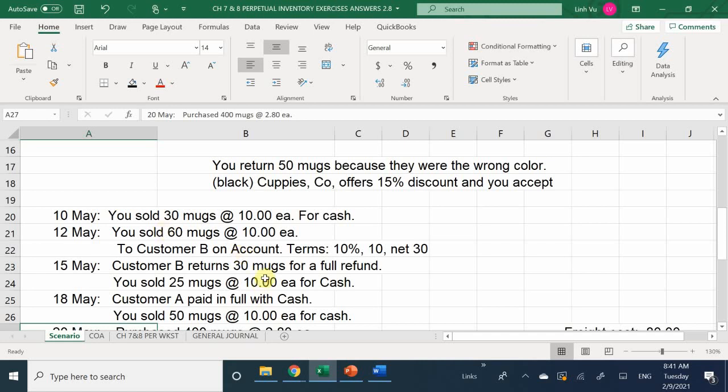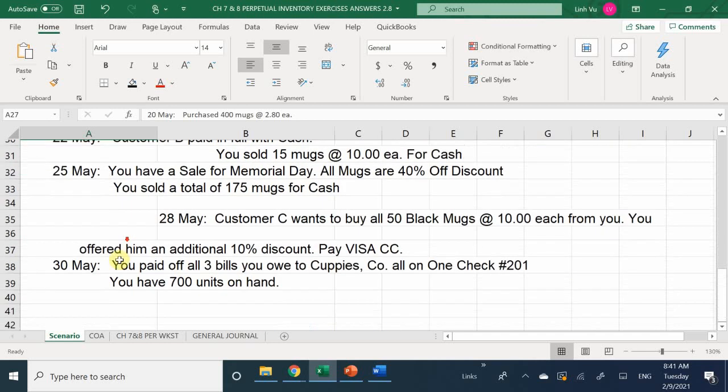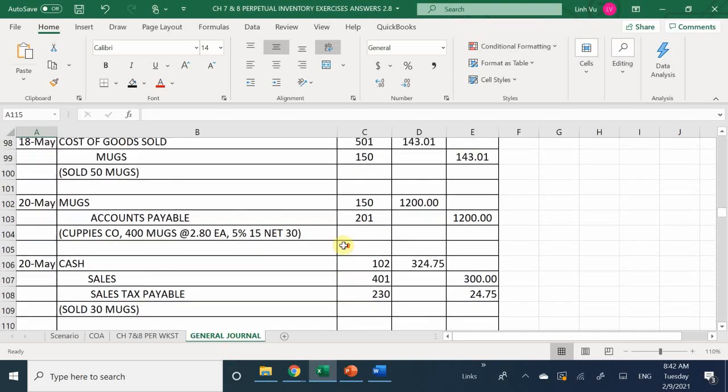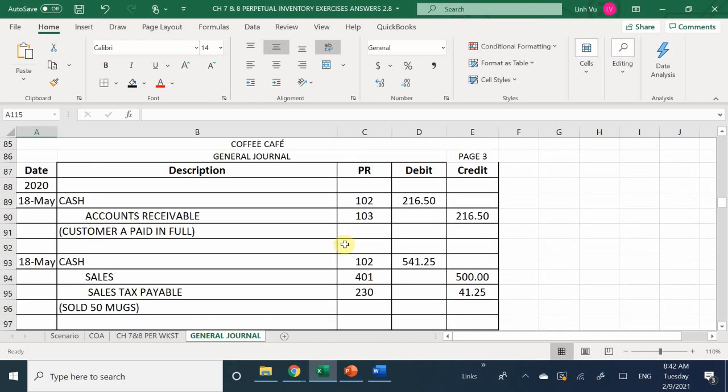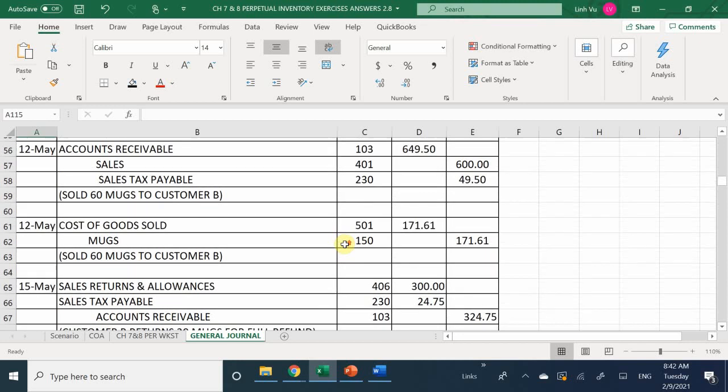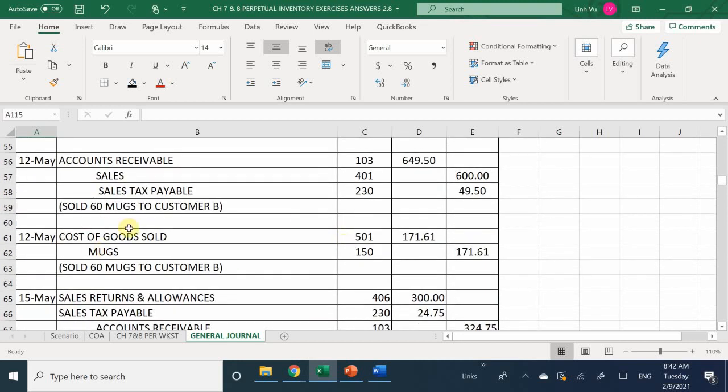But what else did customer B do the following 3 days later? Returned. He made a return. He returned half the products. So now we have to go ahead and recalculate our new amount that he actually owes us. So let's look at our journal, how much he actually owes us. So if on May 12th, okay, here he is, we sold a total of $649.50.